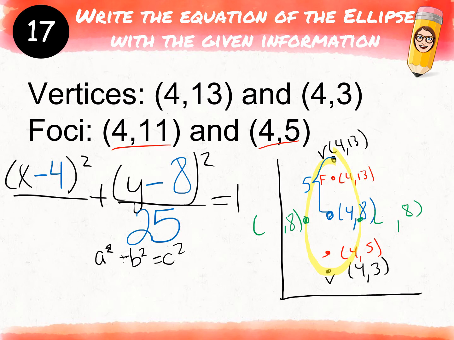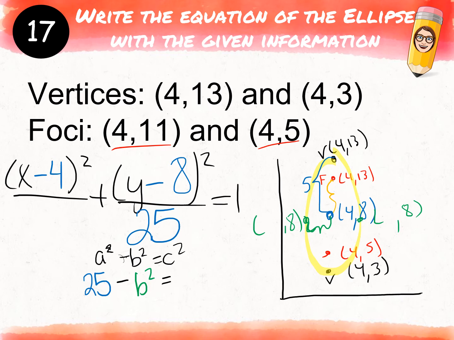25 was my vertex to center. That's my larger value, so it comes first. I'm going to subtract. I don't know my shorter value. I don't know what the distance from center to co-vertex is, so that's going to remain b squared. I do know my c value, the distance from my center to my focus. 8 to 13, excuse me, that's not 13.